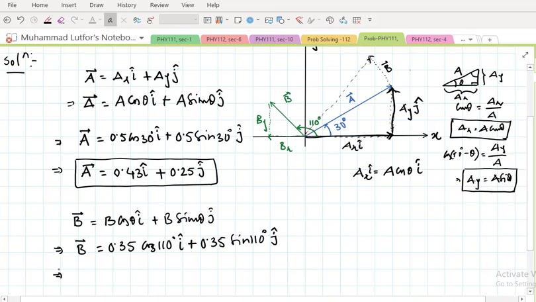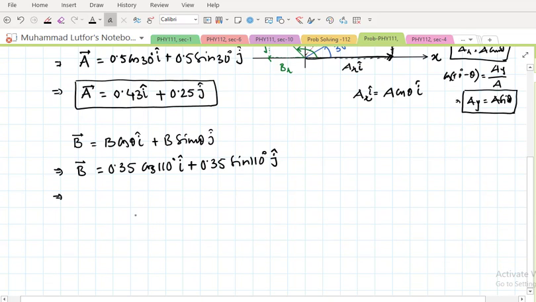Now if you do some calculation, you will find that this vector B would be minus 0.119 i hat plus 0.32 j hat. So this is actually that vector B.